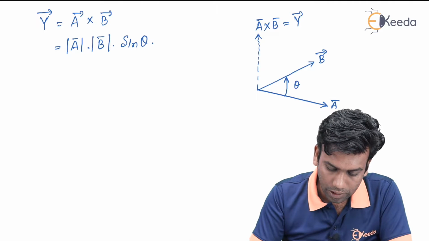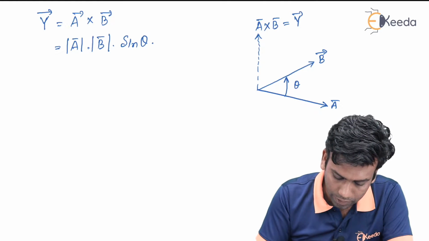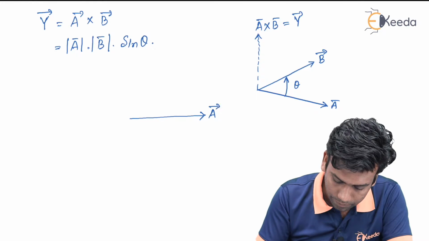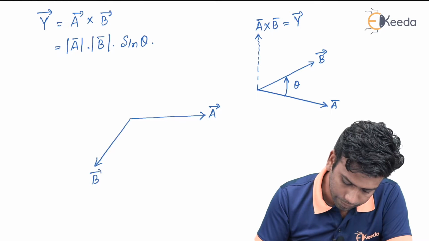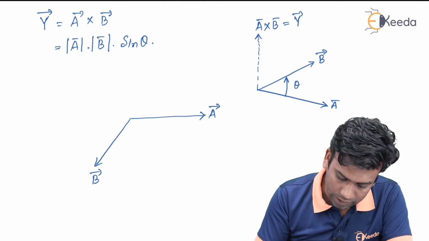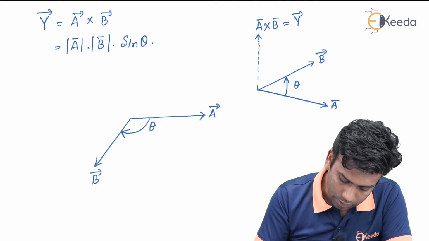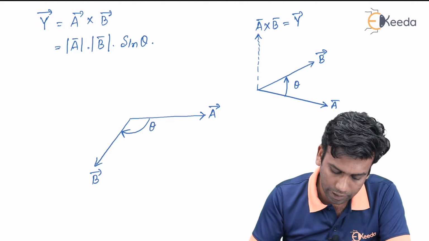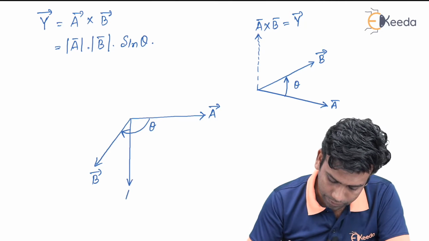Now, if the direction of A and B has been changed, if this is the A vector and this is the B vector, and the theta direction has been changed to clockwise, then A cross B will be in the downward z direction.